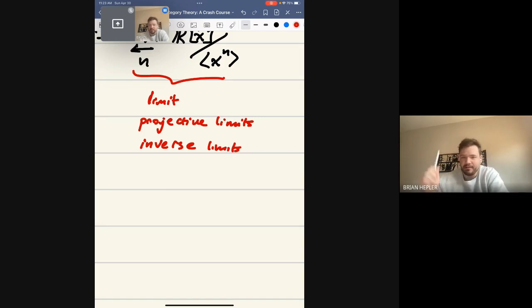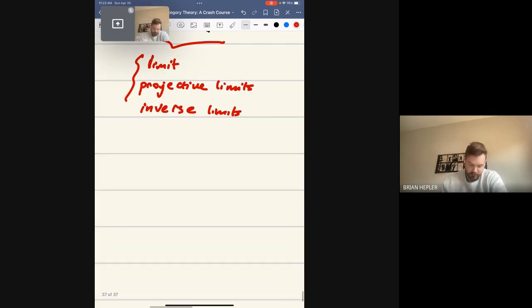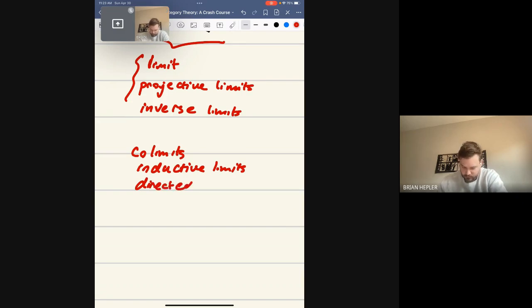Inverse meaning this is kind of why the arrow goes backwards, versus colimits, sometimes called inductive limits, or directed limits. If you see any of these three things for either limits or colimits, this is what they refer to.